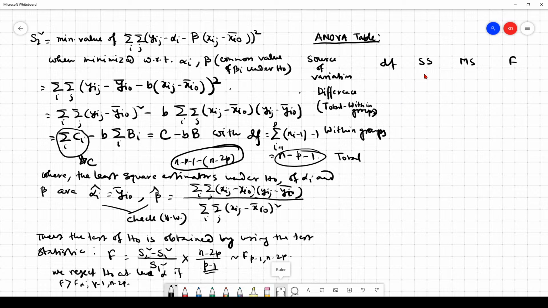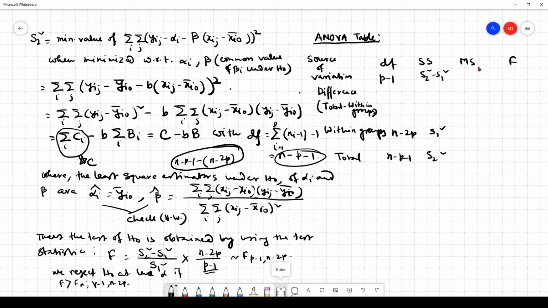So these are S2 square minus S1 square, S1 square, and S2 square. The degrees of freedom are p minus 1, then n minus 2p, and n minus p minus 1.